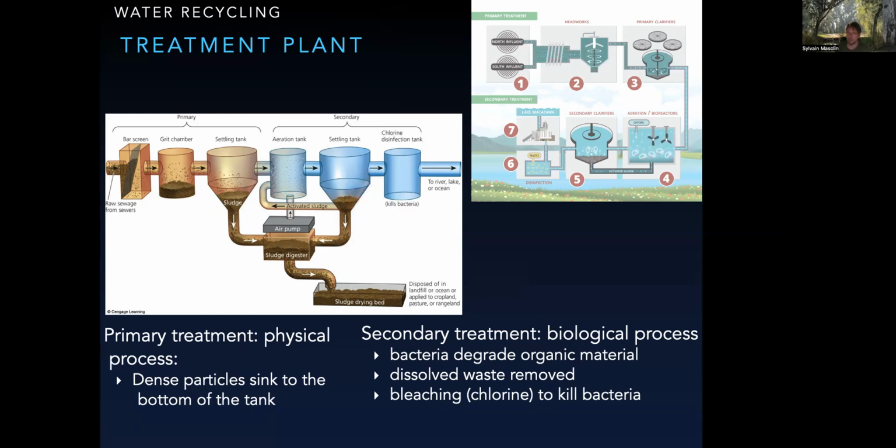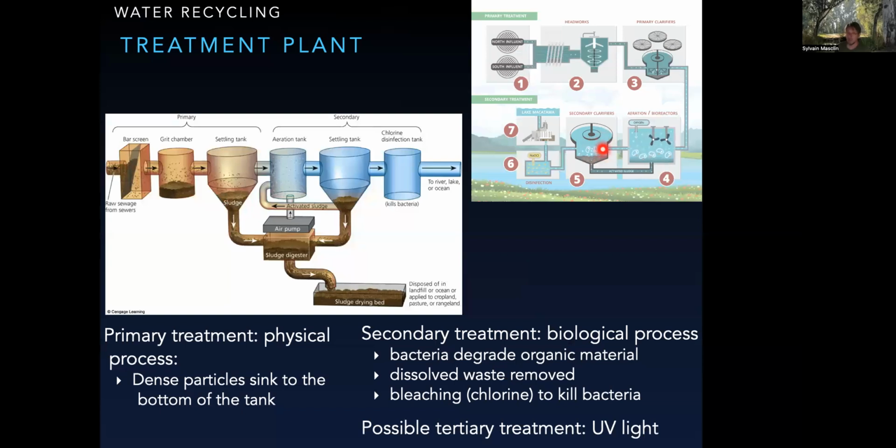And so we have two techniques there. Either we use bleaching, so chlorine, to clean it up, or the other way would be to use UV light also, which is more expensive, but better because you don't have to use another chemical to try to treat your water.